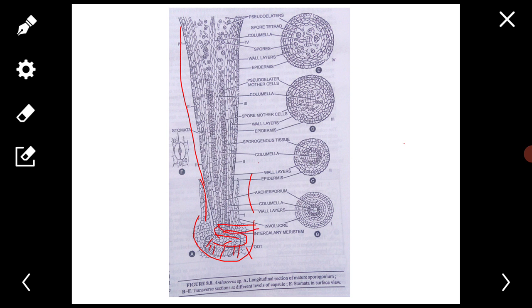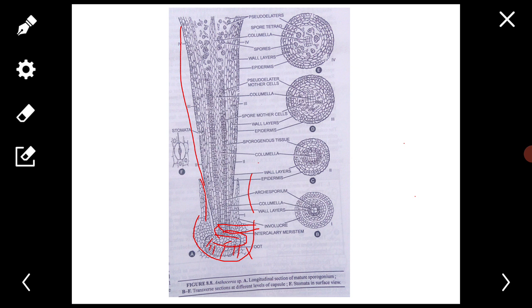The intercalary meristematic zone: just above the foot at the base of the capsule lies an intercalary meristematic zone. This zone may be regarded as a short seta, meaning equivalent to a seta. The cells of this zone continuously divide and add new cells to the upper side of the capsule.